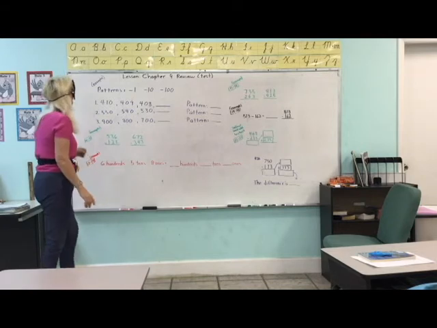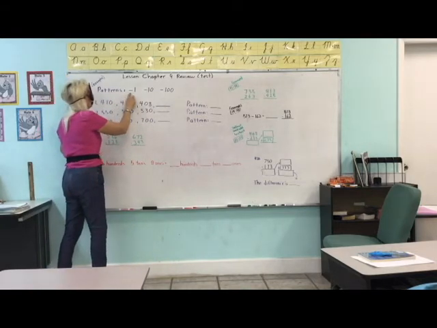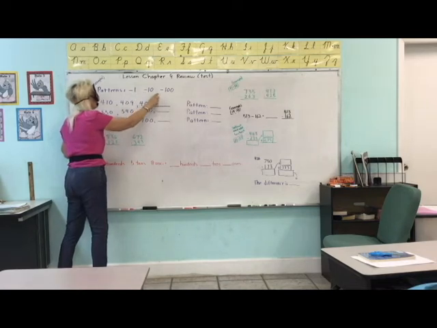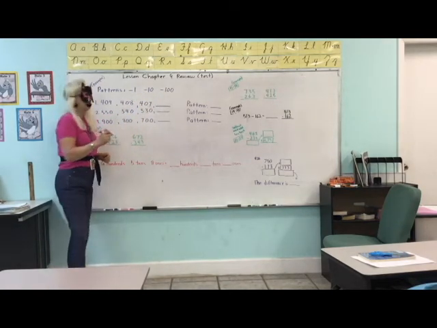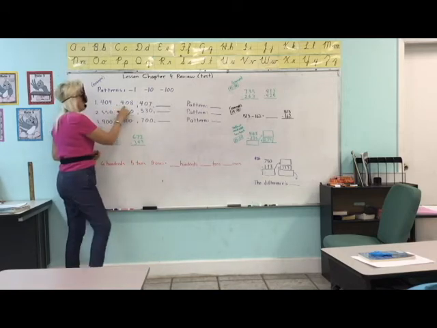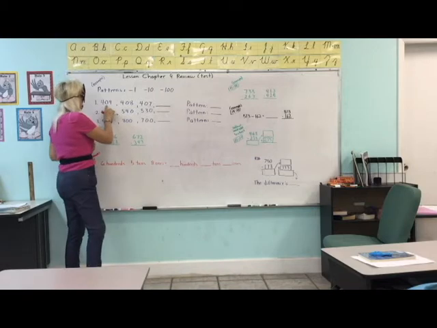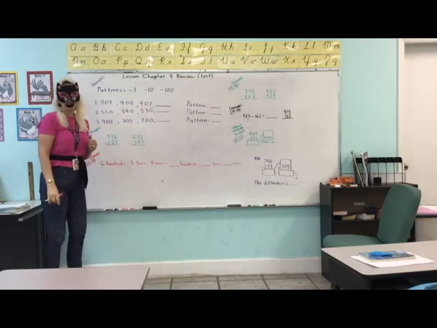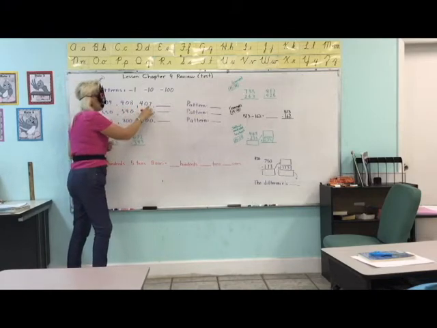So let's look. Okay, for example, here is the pattern: -1, -10, -100. So let's look at our first pattern. We have 4 in the hundreds. They're all the same. Let's look at the tens. The tens all have 0, so let's try the ones. 9, 8, 7.